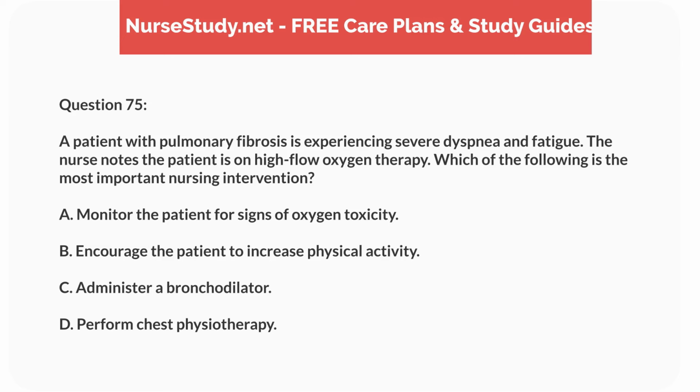Question 75. A patient with pulmonary fibrosis is experiencing severe dyspnea and fatigue. The nurse notes the patient is on high-flow oxygen therapy. Which of the following is the most important nursing intervention? A. Monitor the patient for signs of oxygen toxicity. B. Encourage the patient to increase physical activity. C. Administer a bronchodilator. D. Perform chest physiotherapy.